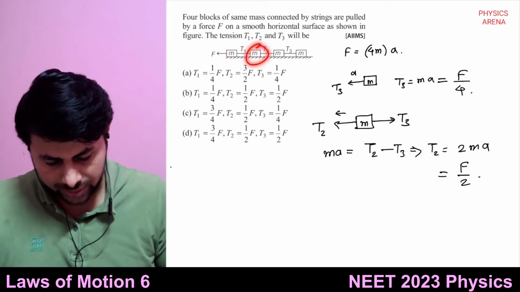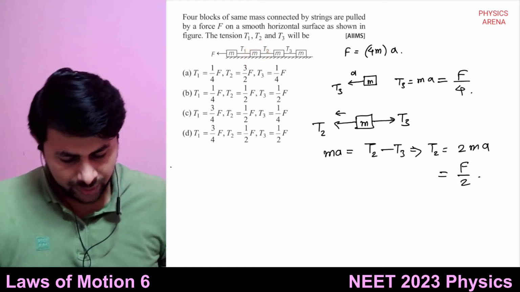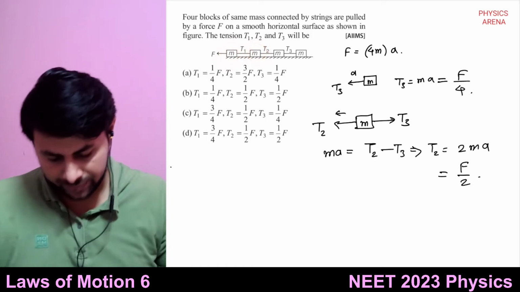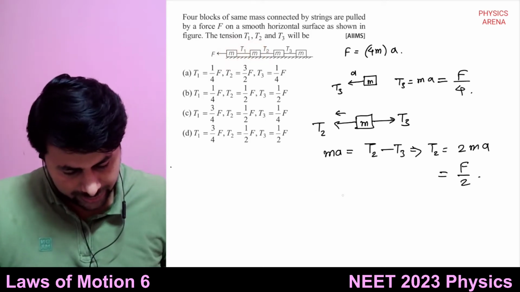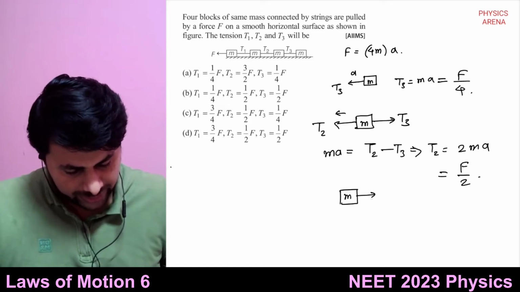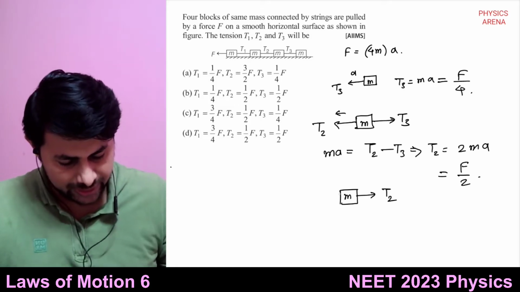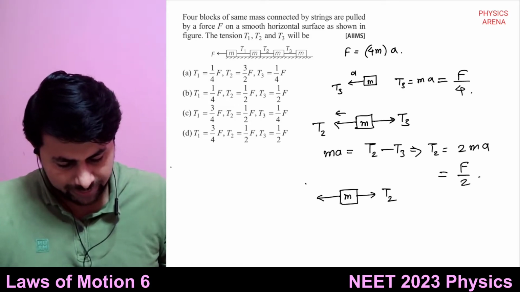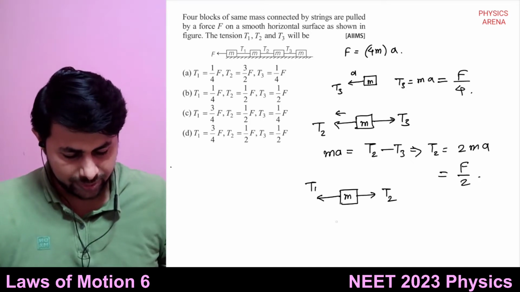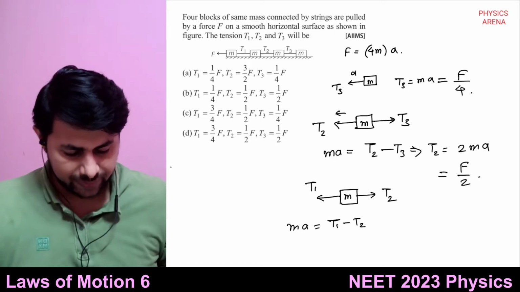And similarly, you can find out T1. For this mass, you can take this mass to find out T1, right? So if you take this mass, the force acting on it towards right is T2, force towards left is T1. So T1 minus T2 is also m times a.